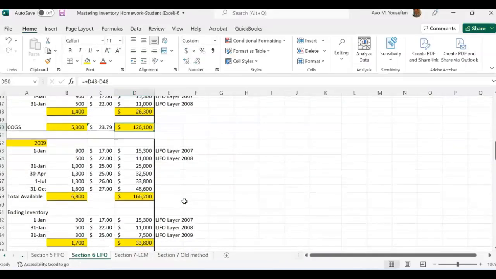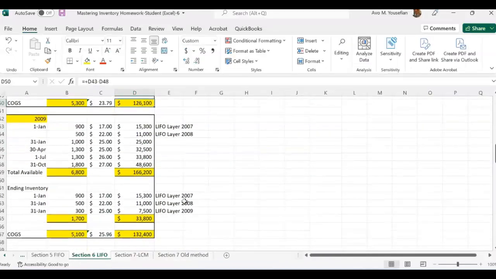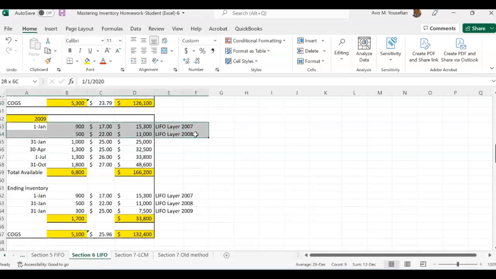Let's go to 2019. In 2019, we already had a beginning inventory consisting of 2 layers. You see, specifically, I am showing them as LIFO layers of 2017 and 2018.